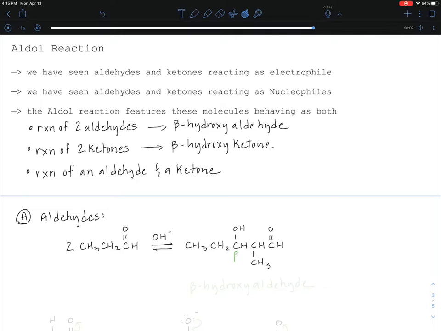So alpha is next to the carbonyl, that's the beta. So that is a beta hydroxy aldehyde.